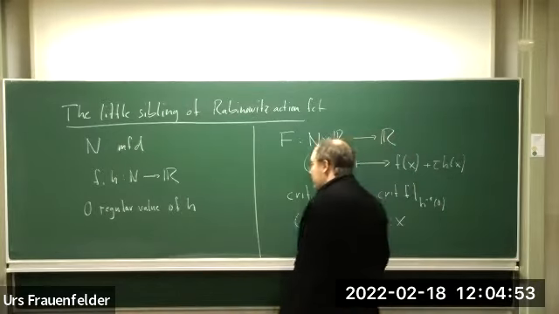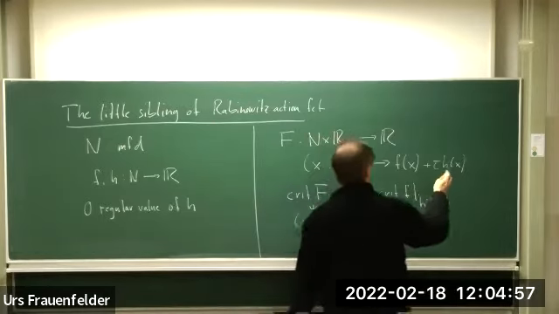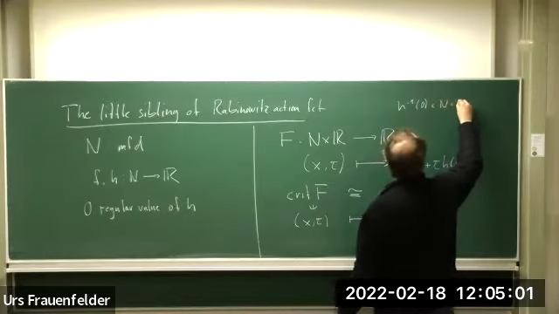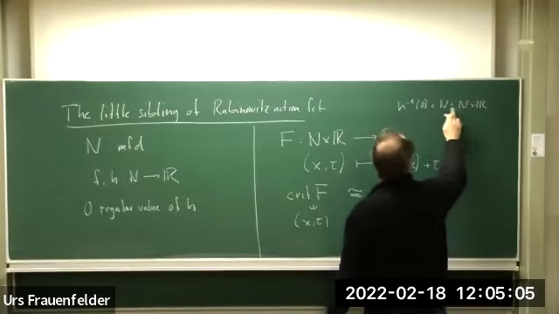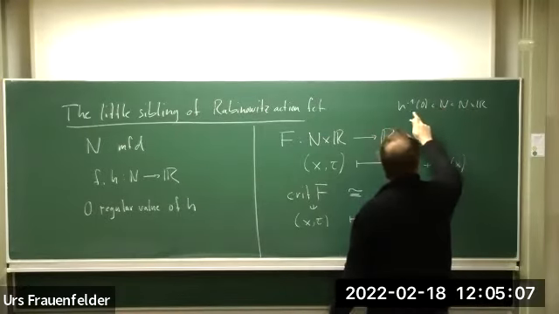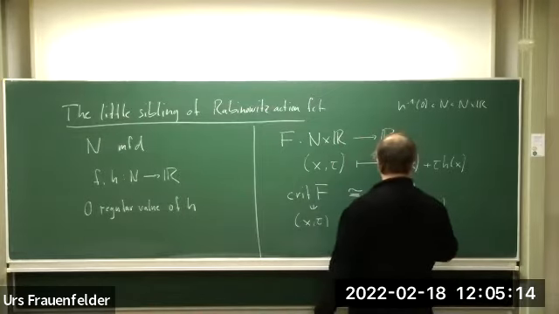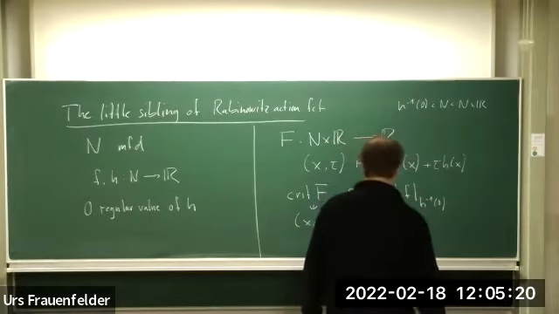And there is some kind of justice here: h inverse of 0 lies in N and has codimension 1, and N has codimension 1 in N times R, so it has codimension 2 in N times R, and so for the Hessian there will be one additional negative eigenvalue.